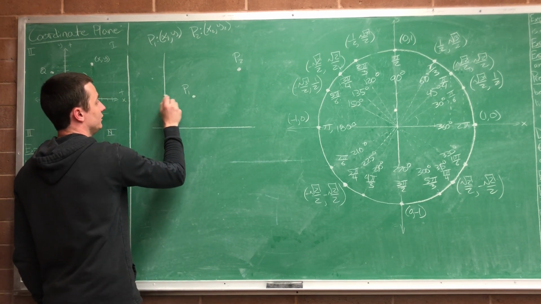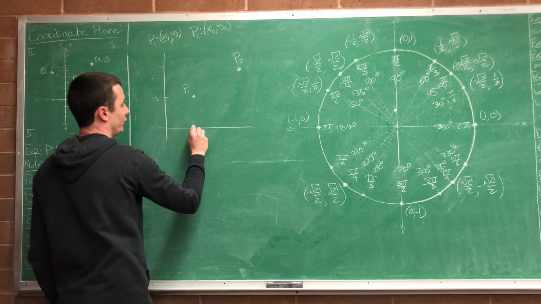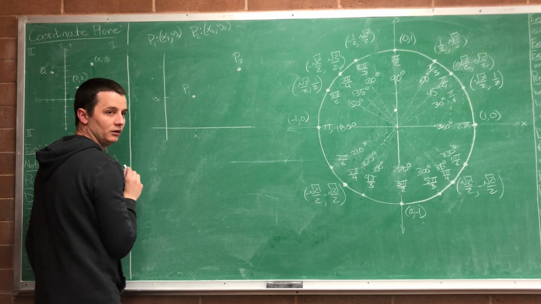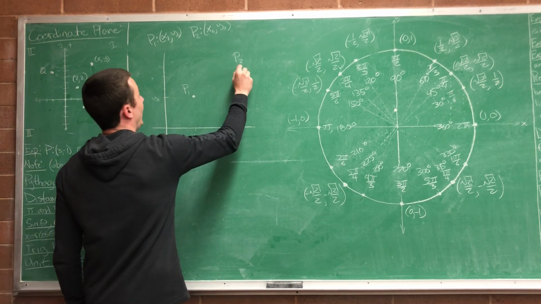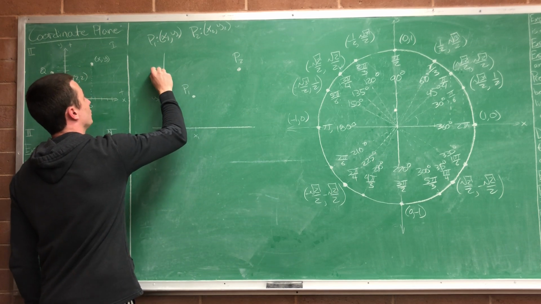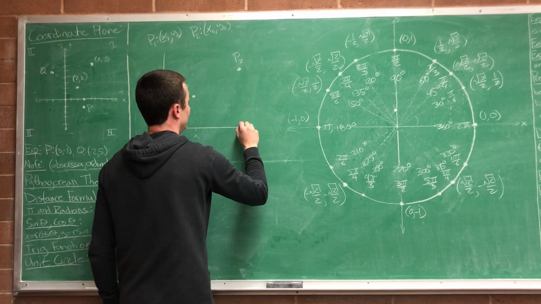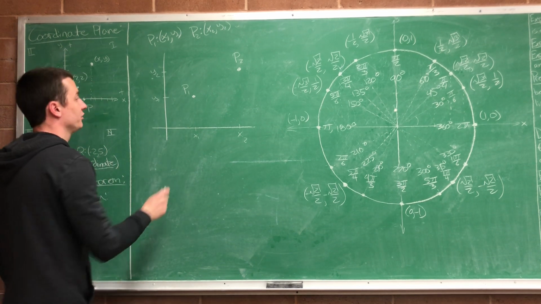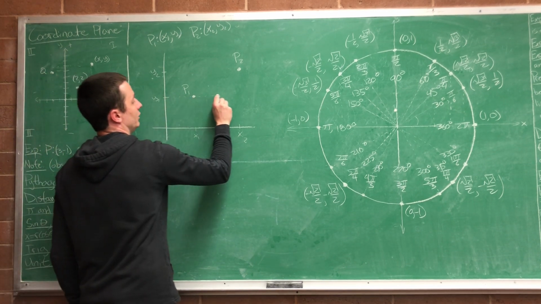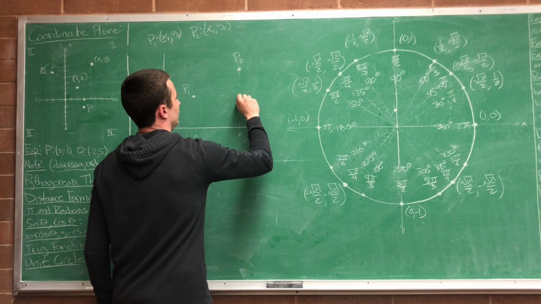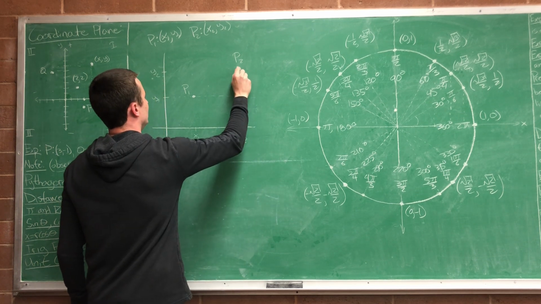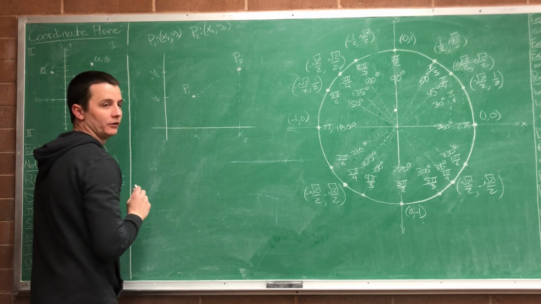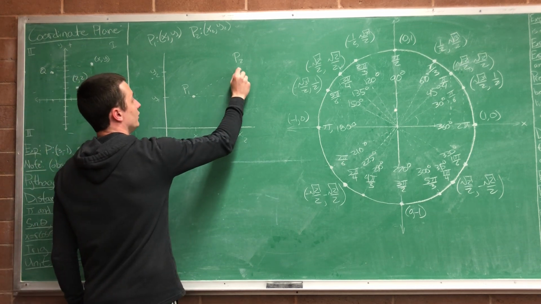So I know the height of this is y1, and I know the run of this is x1, right? And I know the height of this is y2, and I know the run of this is x2. Now notice that I can construct a mini right triangle right here. So here's my little right triangle.